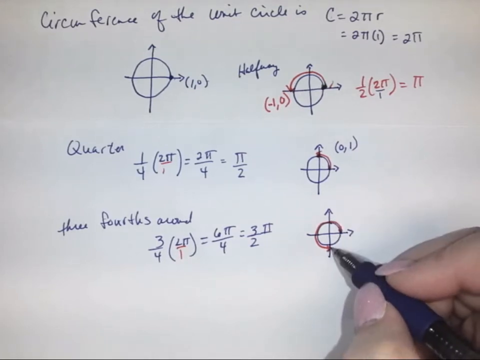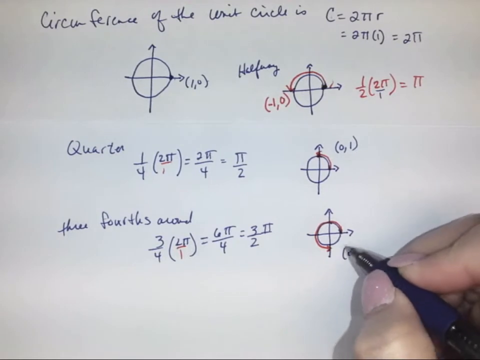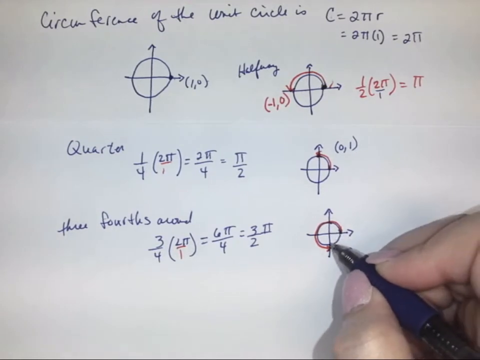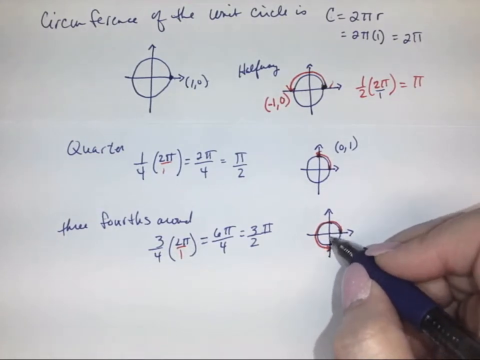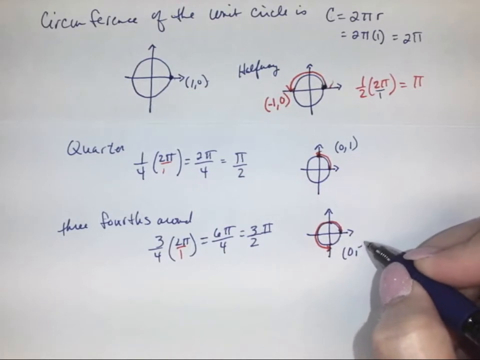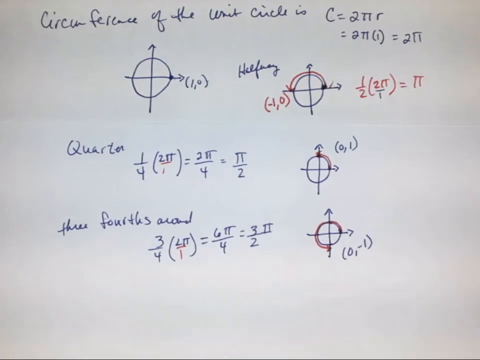So our x value is 0 still, and we're still 1 away, but because we're down here, the y value is negative, so it'll be 0, negative 1. So basically, those quarters get us all the way around to our intercepts.